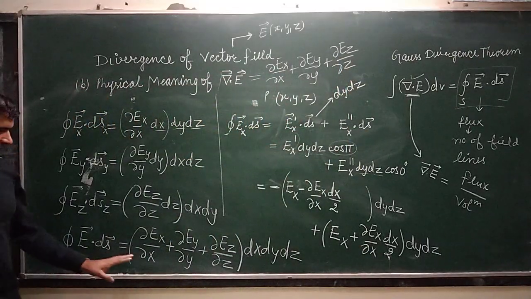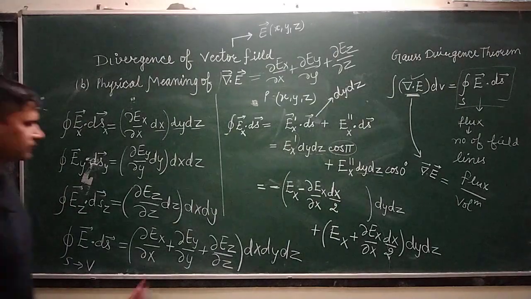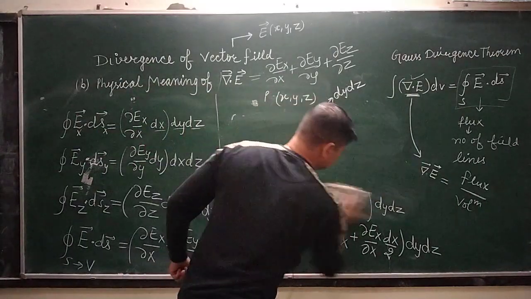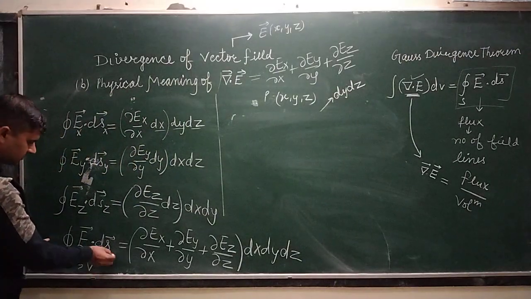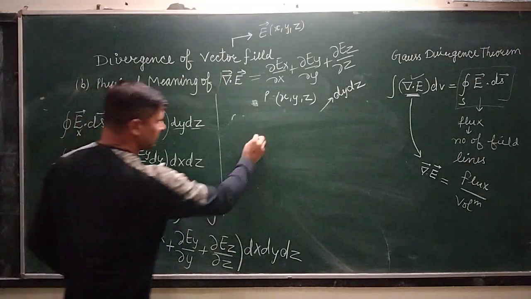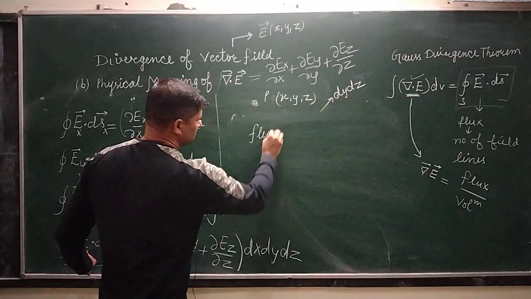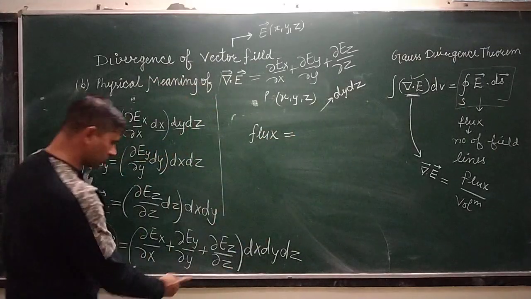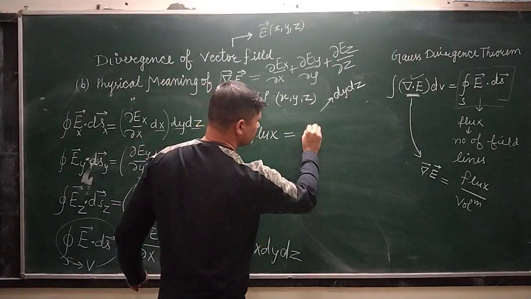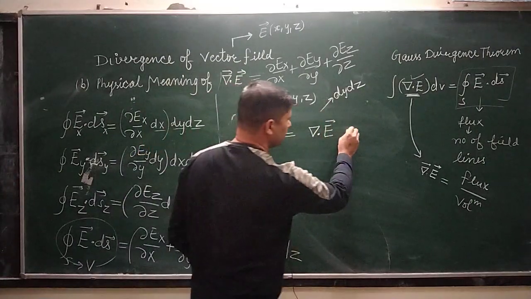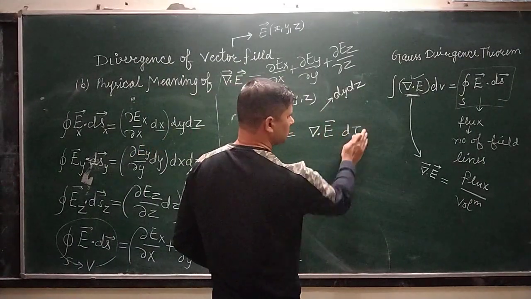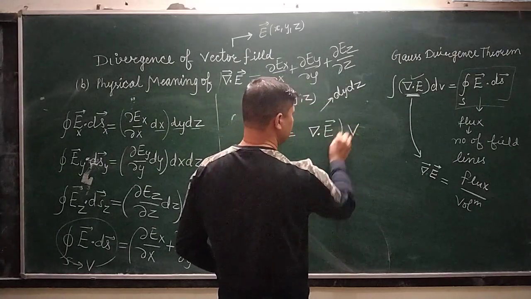So what we can take idea from here, this factor gives you the flux, and this is equal to divergence of the vector field, and this is the volume d tau, or V, volume we have taken.